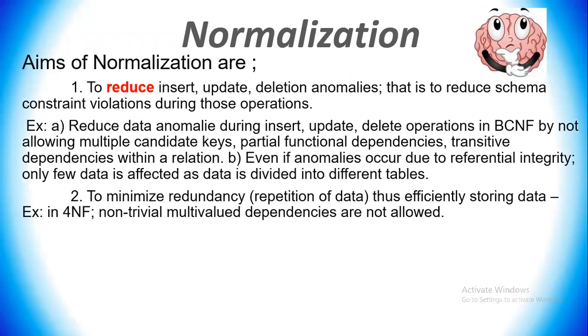So the chance for data anomaly occurrence is less, right? Even so, data anomalies could occur due to referential integrity.